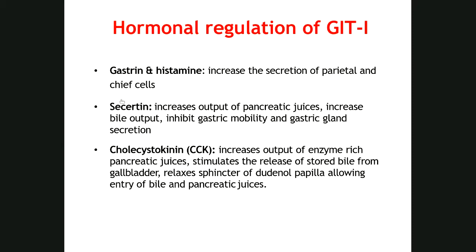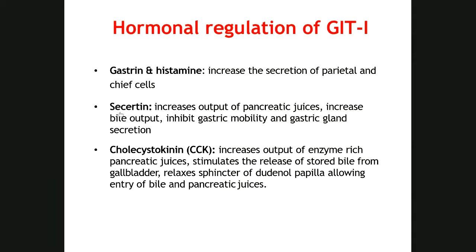These two hormones will inhibit the stomach, inhibit the motility, and inhibit the secretion in the stomach. At the same time, they will stimulate the secretions from the gallbladder and from the pancreas. So it will enhance the secretion of the alkaline products from the liver and pancreas to be released into the small intestine when the products are already there in the small intestine.